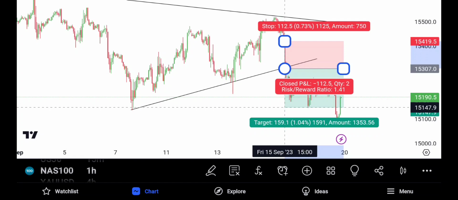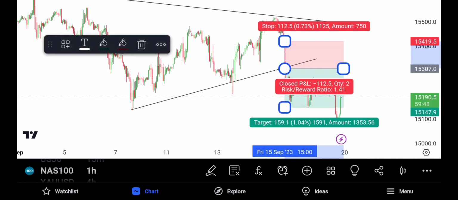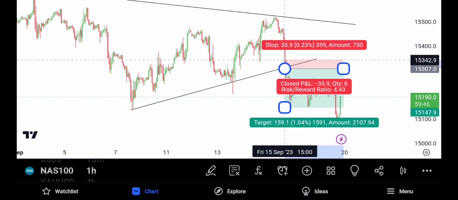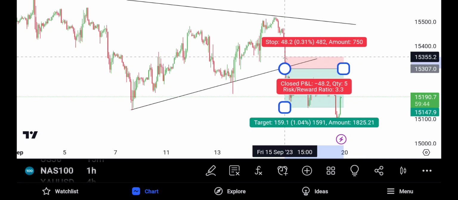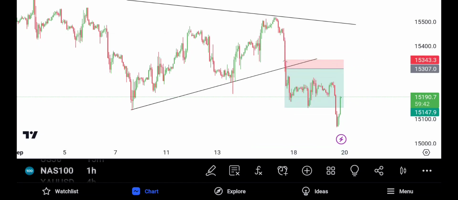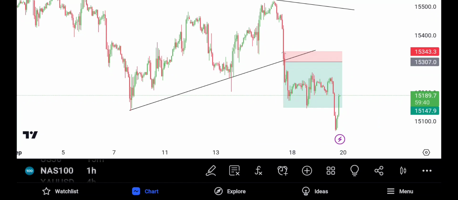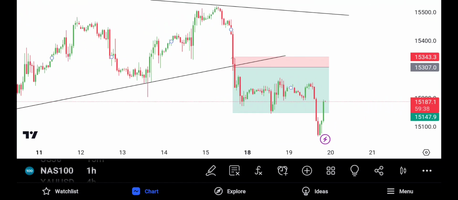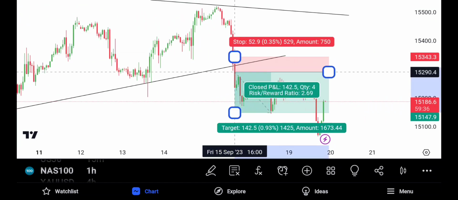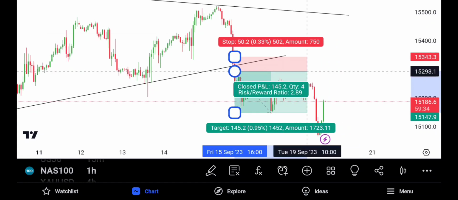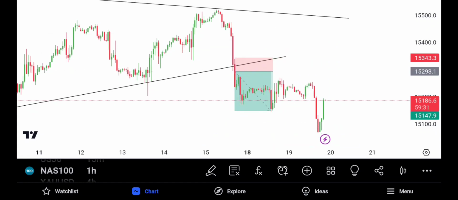Let me put my take profit there, and then you put your stop loss somewhere above this trend, so if the market comes back, it's an invalid trade. Let me just correct this properly. Good, so we have our trade there.